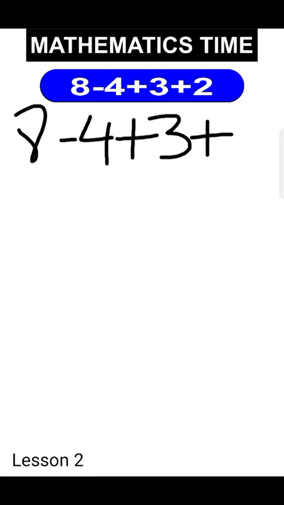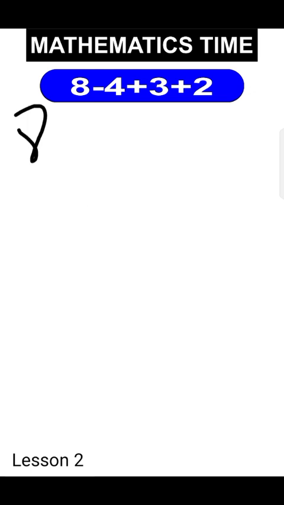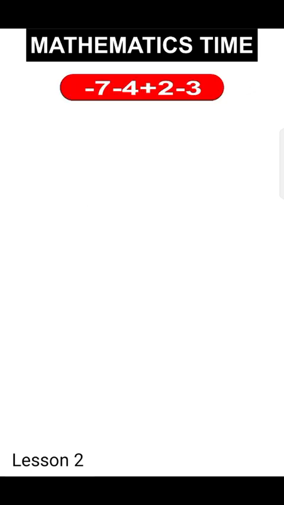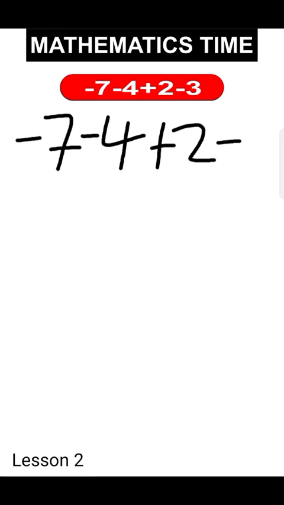Now let's move on to number 3. I have with me here negative 7, negative 4 plus 2, negative 3. So we solve the first two. You realize that 7 and 4 are all negative. So it means you are owing me 7. The next day you came to borrow another 4. So you still owe me more.